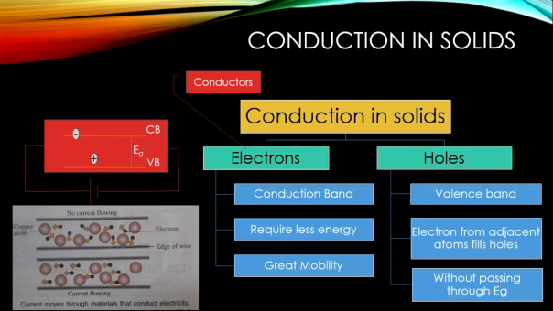So the free electrons are mostly present in conductors, while in semiconductors the conduction can be due to both electrons as well as holes. Now coming back to semiconductors, we will study more about semiconductors.